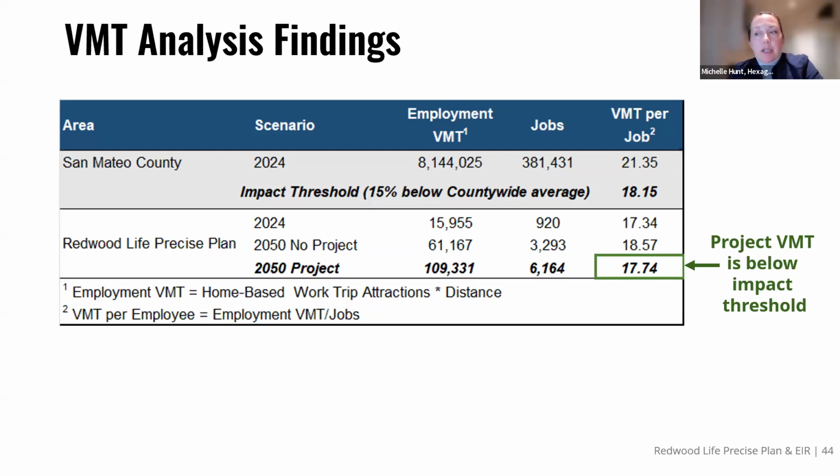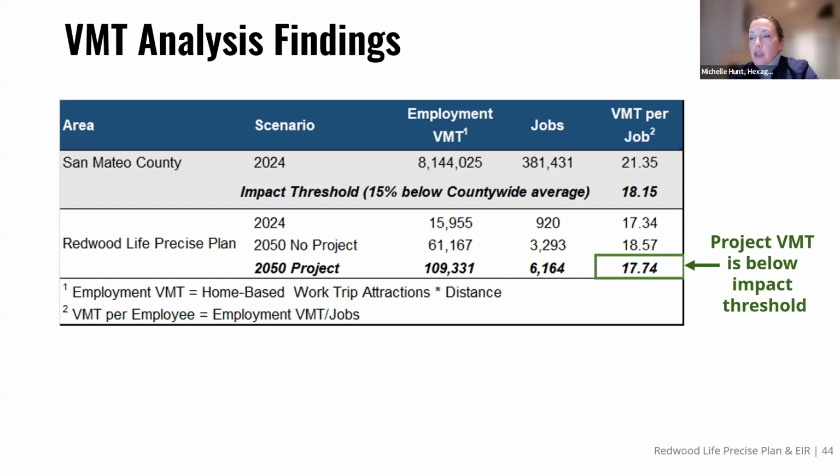The primary reasons why the VMT per job is lower with the project are threefold. First of all, the transit and carpool mode shares are projected to increase in the future just due to the density of the area increasing. Secondly, there would be fewer trips per job because of the type of land use with the life science designation compared to the office use that would be permitted under the Westport specific plan.